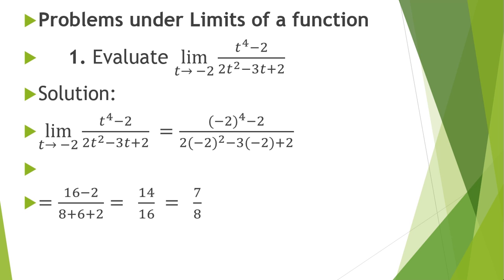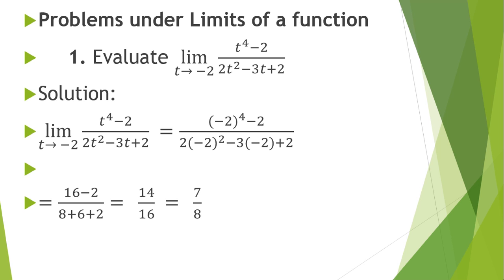Simplifying, minus 2 the whole power 4 means 16, minus 2; 2 into minus 2 the whole square means 4, 4 into 2 is 8, minus 3 into minus 2 is plus 6, plus 2, that is 16. The numerator value is 14, the denominator value is 16, that is equal to 7 by 8. By the definition, limit x tends to a f of x equal to L, L is the limit. Here in this problem, L equal to 7 by 8.